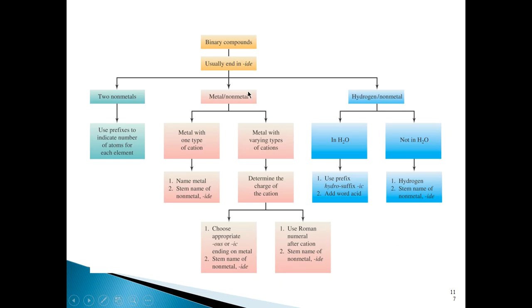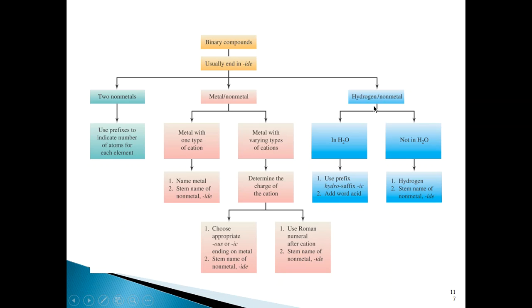This part of the chart deals with binary ionic compounds. There are two types, one where the metal has one type of cation, or the metal can have more than one type of cation, and then we go through to name the compound based on those differences. Again, the ending is IDE in both cases, right, here and here.